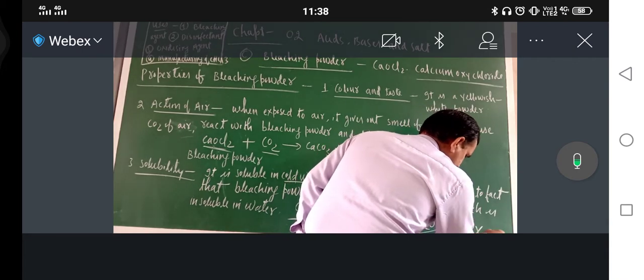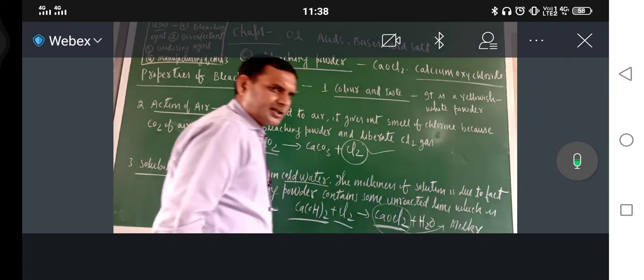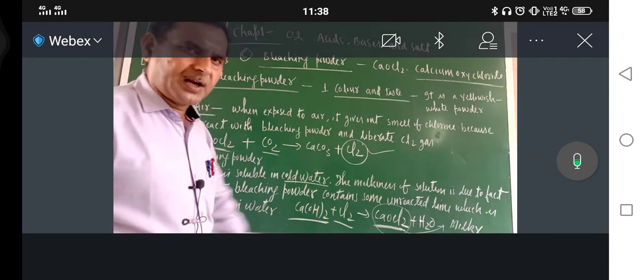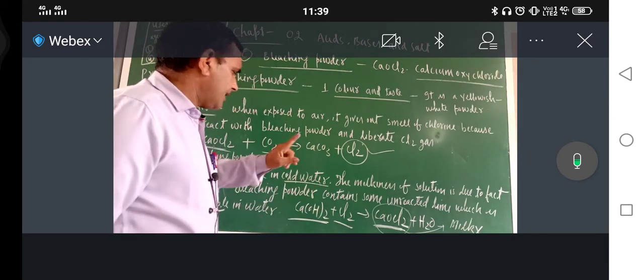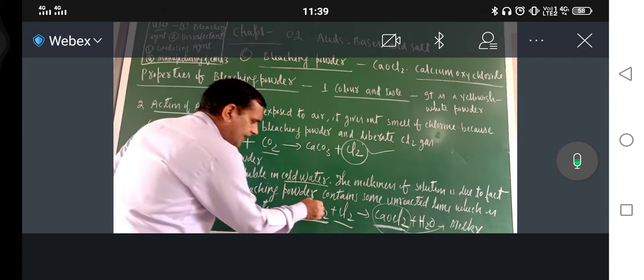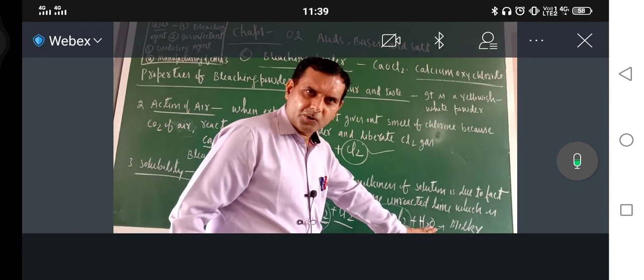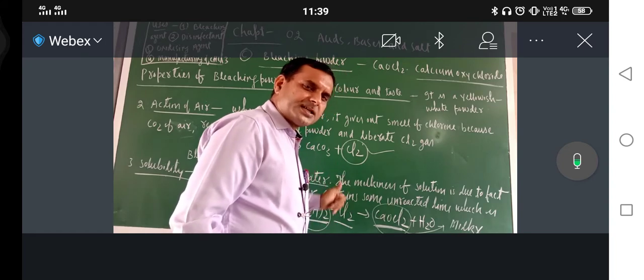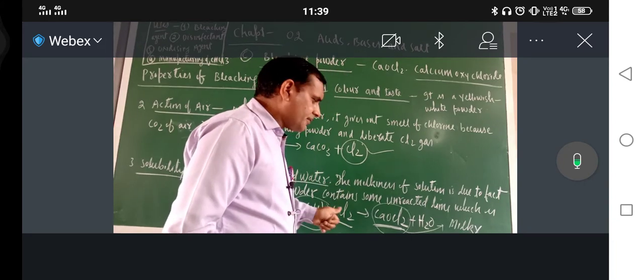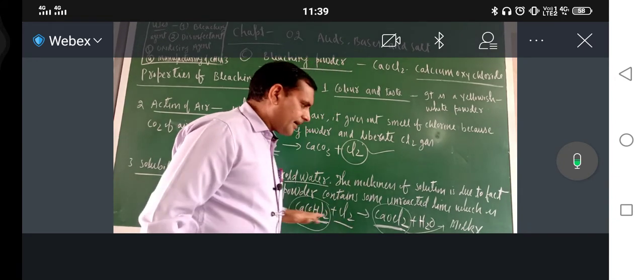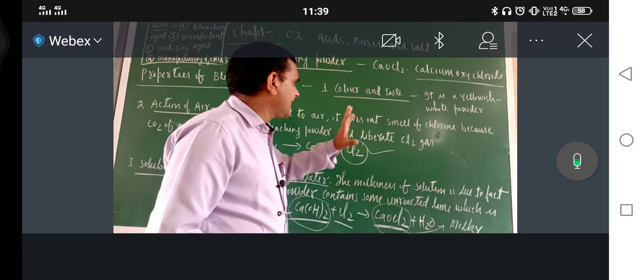Its appearance is milky because some unreacted slaked lime will be there in the solution mixture. Because of the presence of unreacted slaked lime, its solution is milky in color.